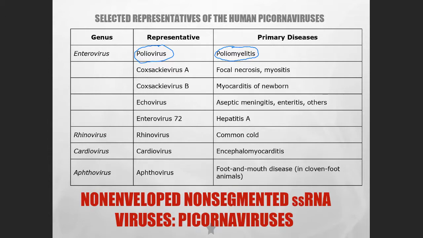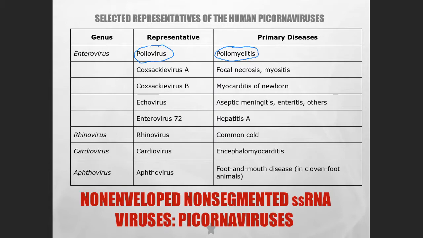Most of the kids right now do not have polio, compared to kids in the old days when many people had polio. That is the most common type of picornavirus, which causes polio.